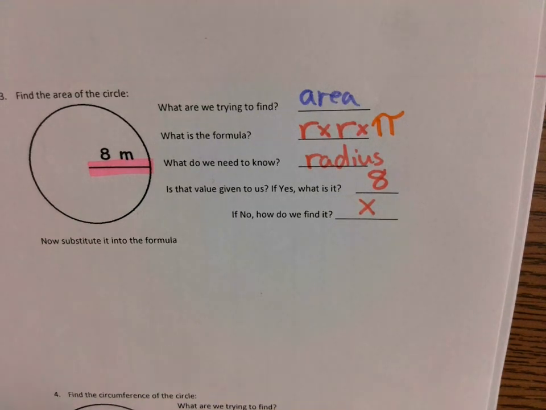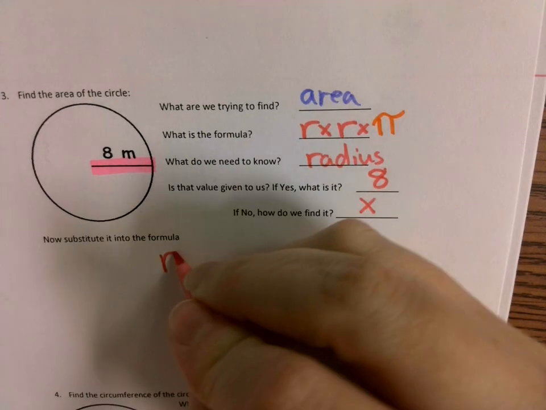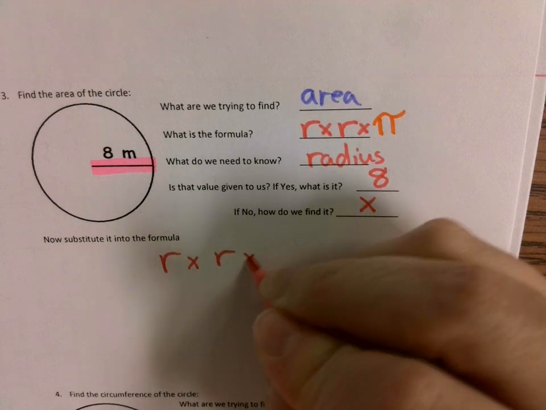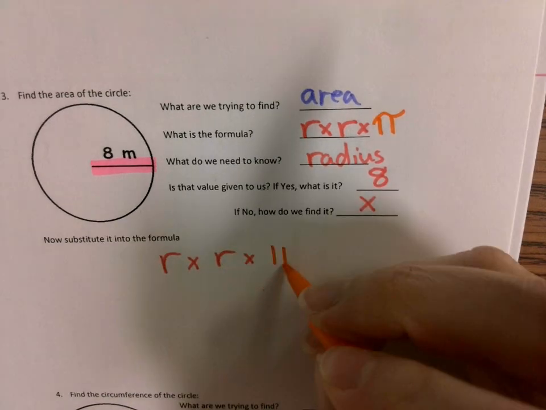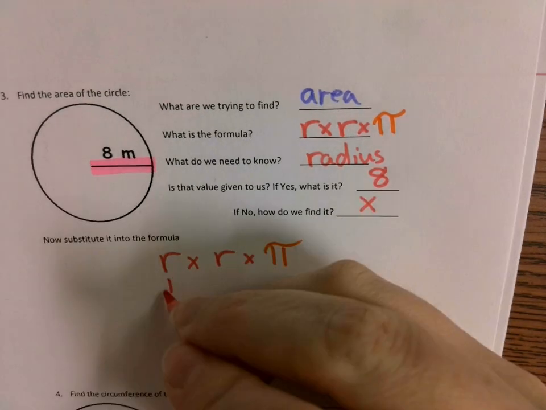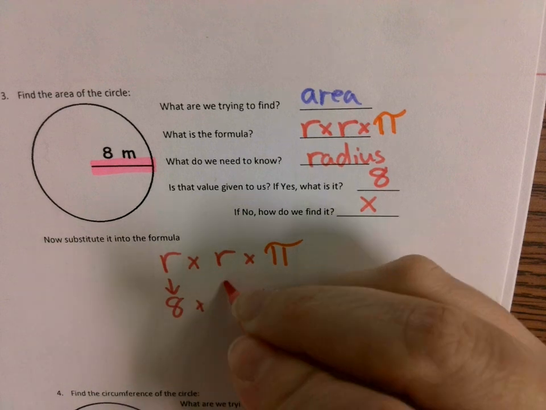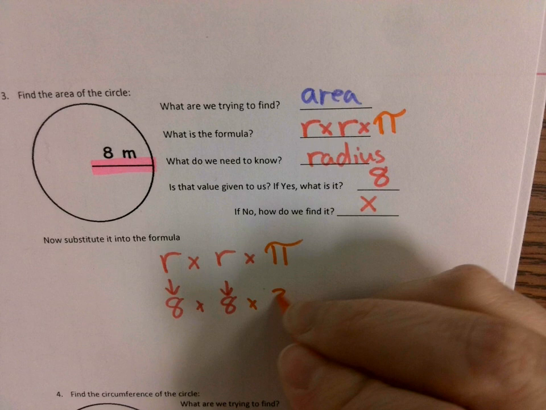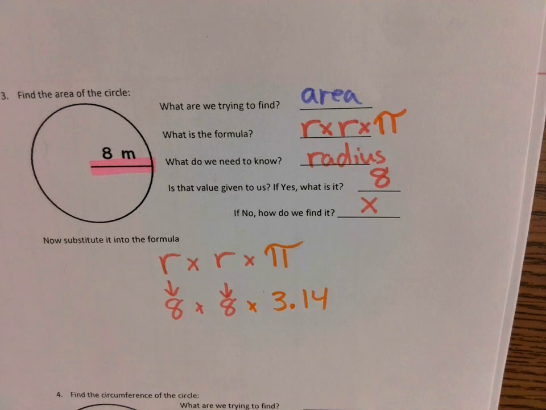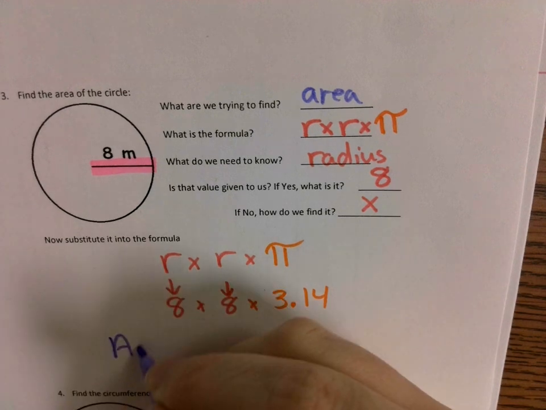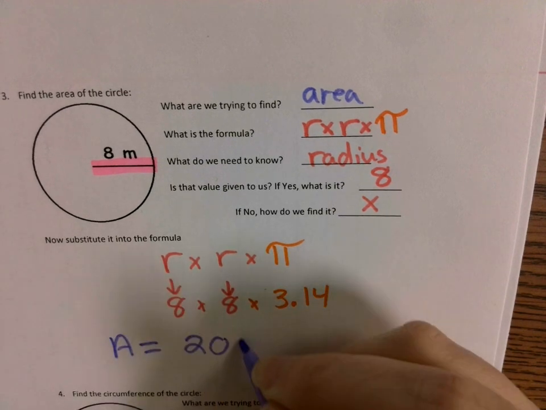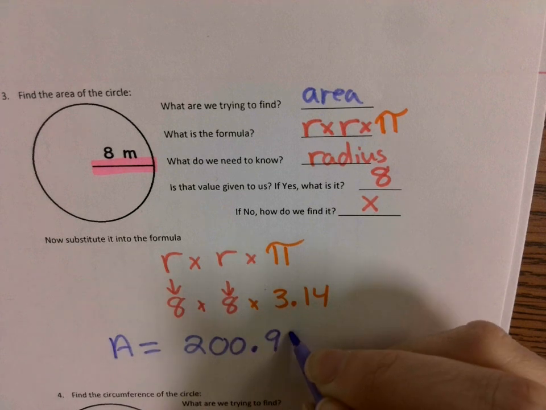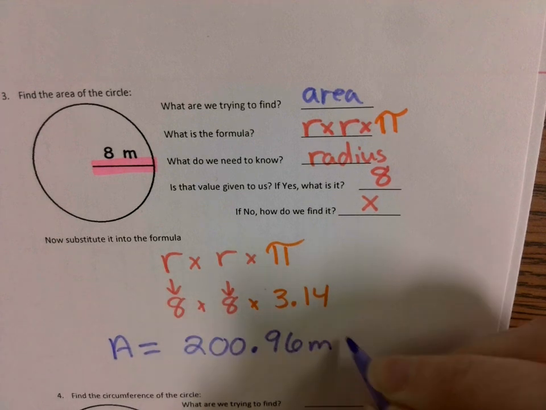Instead of doing r times pi, we're going to do 8 times 8 times 3.14. So we're going to multiply 8 times 8 times 3.14, and that's going to give us the area. So our area is equal to 200.96 meters squared.